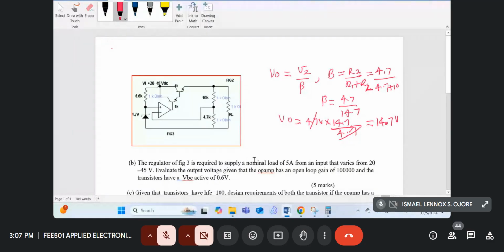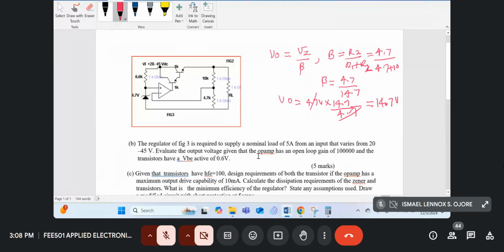So we need to design for the power. Let's consider this top transistor Q1 and this bottom transistor Q2.